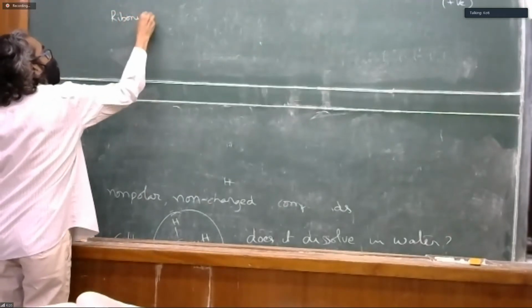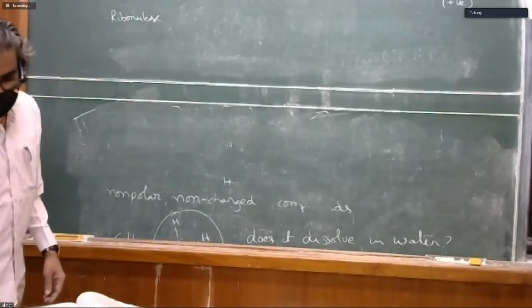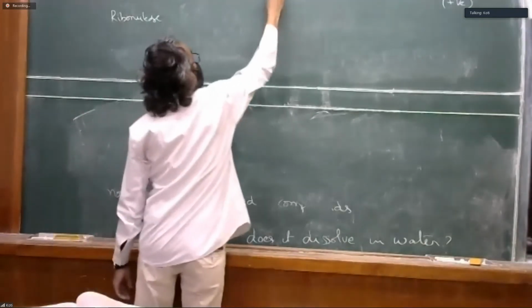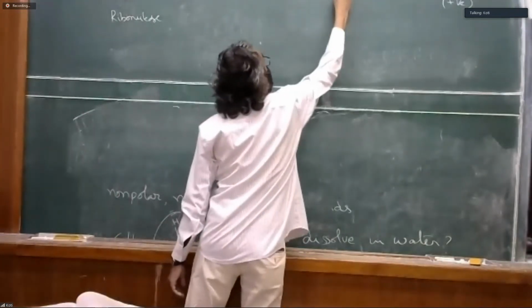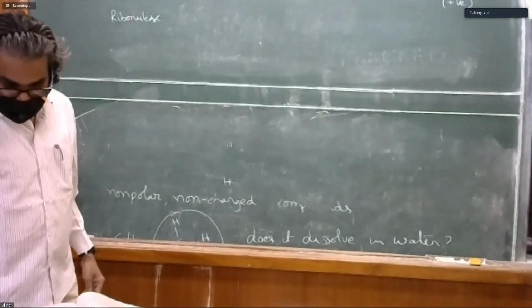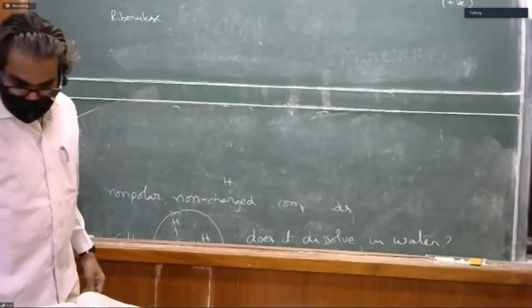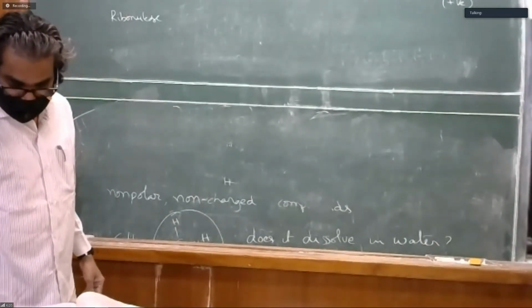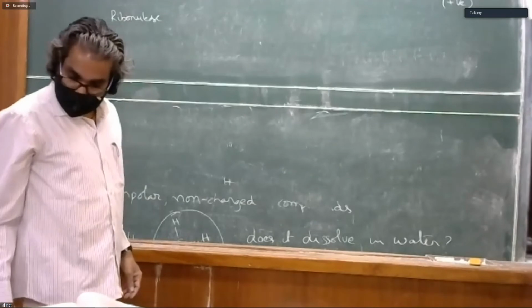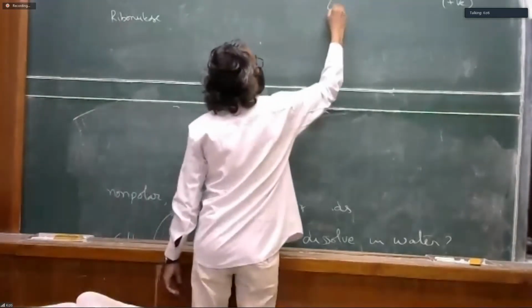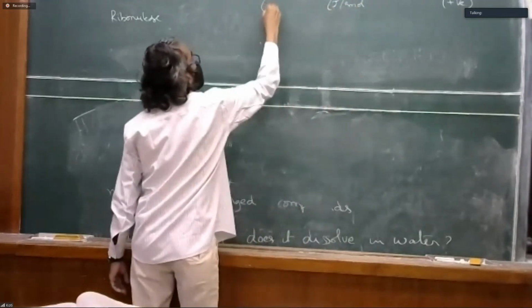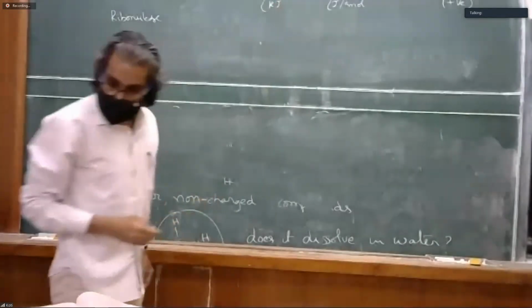Take ribonuclease, a protein, for which people have estimated delta G of folding, delta H, and delta S. Units are important.